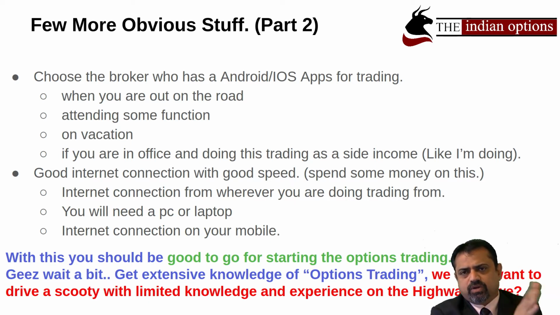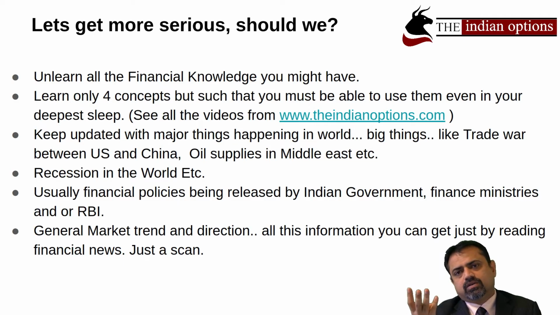Forget about it, we are going to need it. So now what you are going to need is four concepts: put buy, put sell, call buy, call sell. Sorry, let me repeat it: call sell, put sell, call buy, put buy. These four concepts you need to really know in and out. That is a very important thing. Even in the deepest sleep, you should be able to know in and out about this.